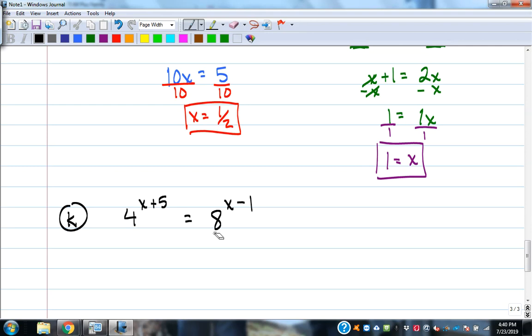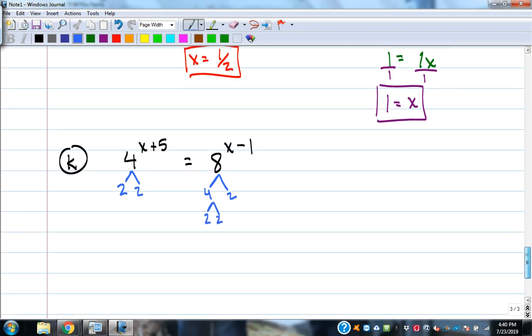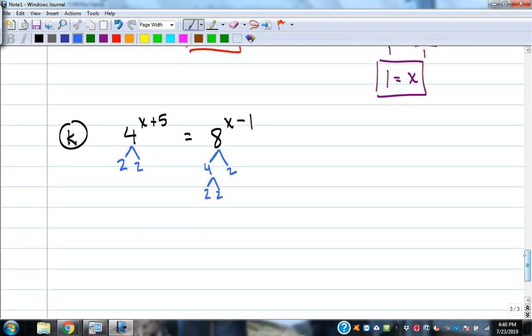So when we see a problem that has variables in the exponents, we want to think exponentially related. But I know 4 is actually 2 times 2, and 8 is 4 times 2, and that's 2 times 2 times 2. So that allows me to change those to a base of 2. So 2 squared to the x plus 5. And this one would be 2 to the third to the x minus 1.